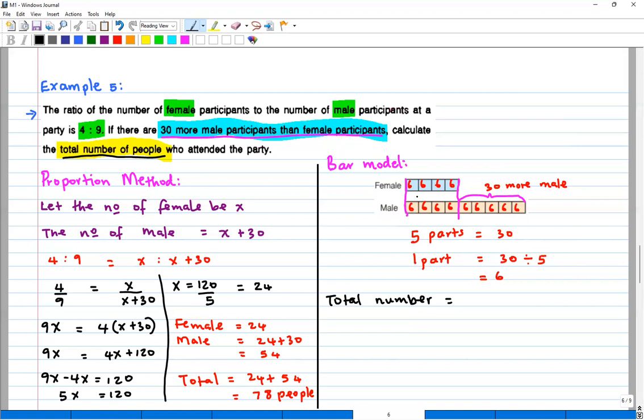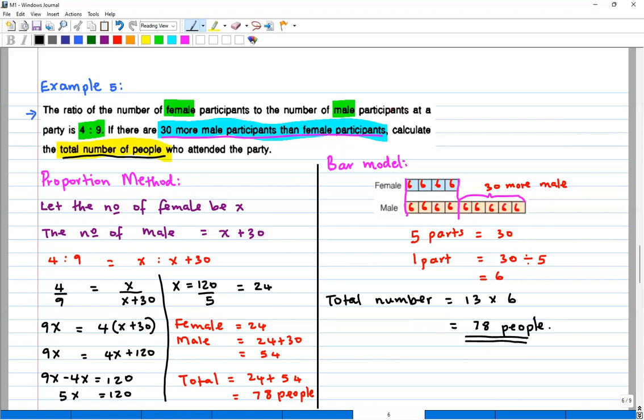So we are having 13 squares. So we get 13 times 6. You get that? And 13 times 6, we get 78. So it means that we got 78 people who attended this party.